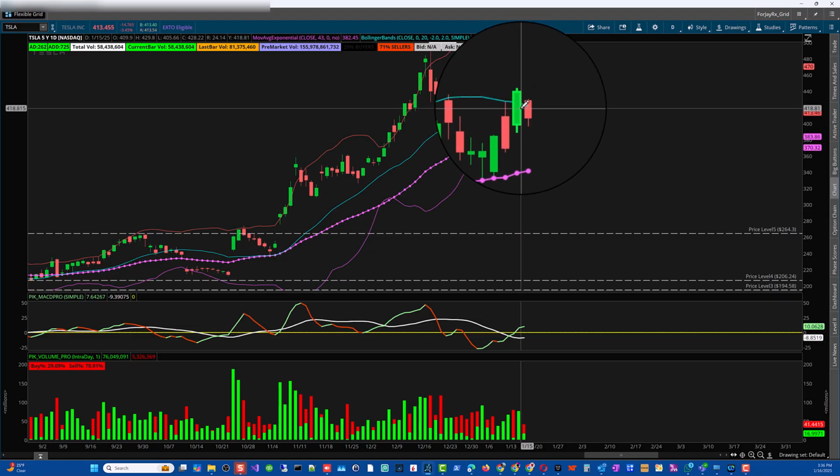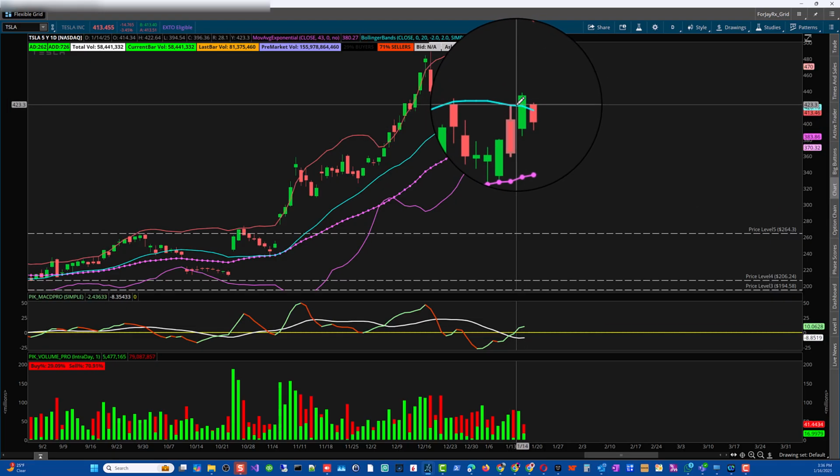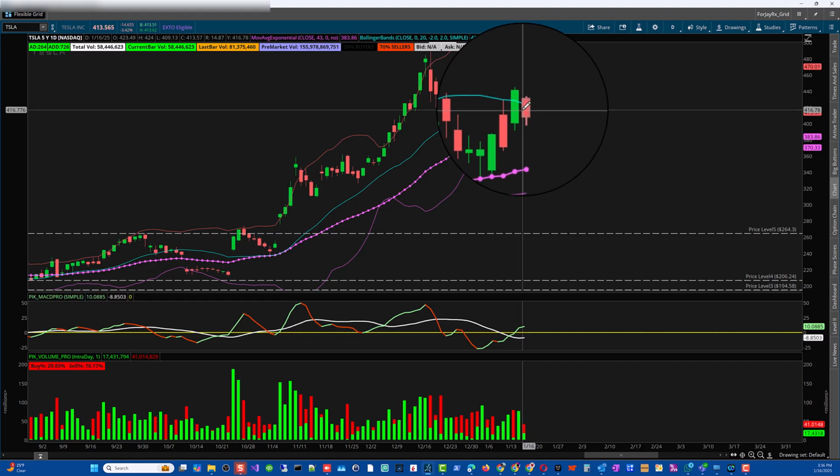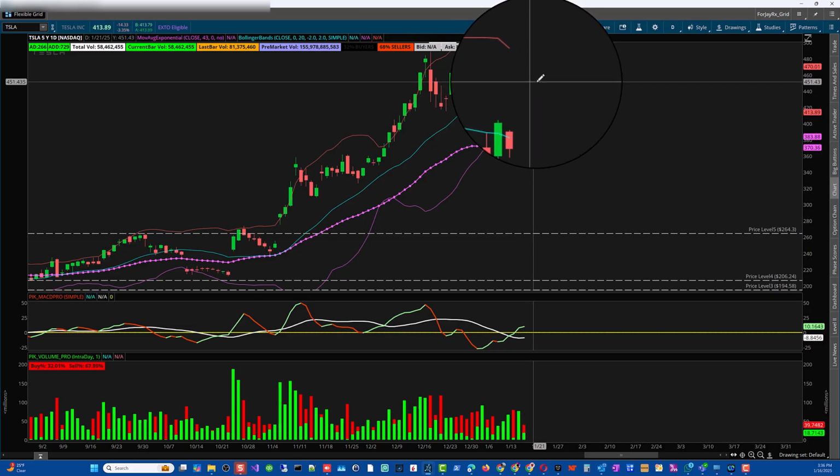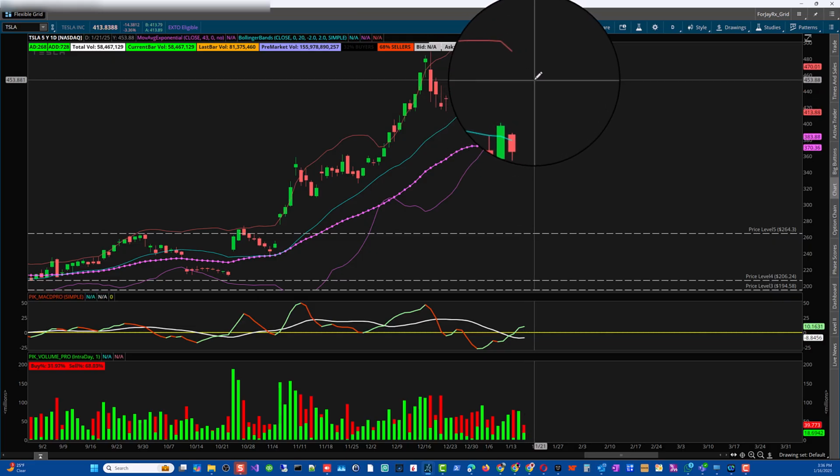It's trying to break the mid band. The mid band is acting like a resistance in this area, but at the same time, it's breached it. So if this continues, we're going to have some upward momentum into at least the 450 range.